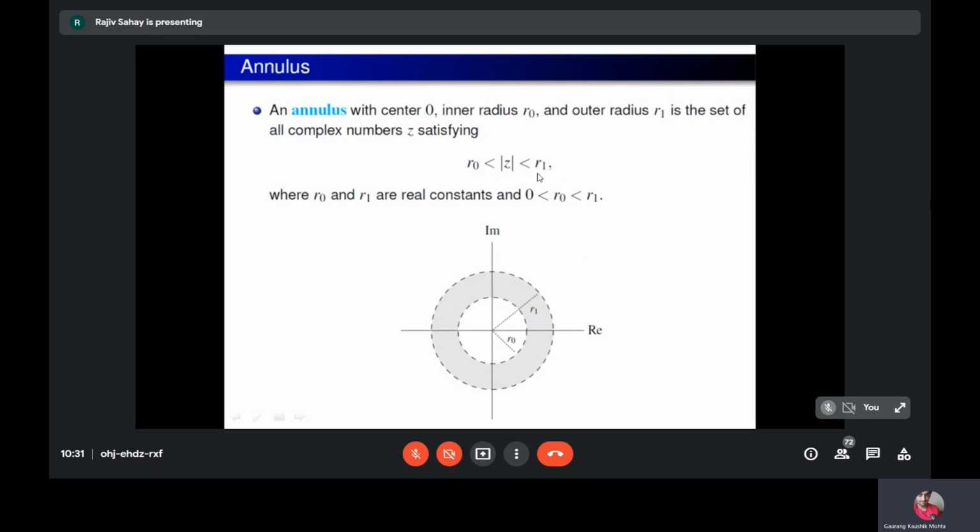So magnitude of z is greater than R0 and less than R1, where R0 and R1 are real constants, and R0 is greater than 0 and less than R1. So this is the z plane over which you are going to evaluate X of z or H of z, whatever, and you are going to see whether for those complex numbers which are only in this shaded region, the expression will converge, otherwise it will diverge.